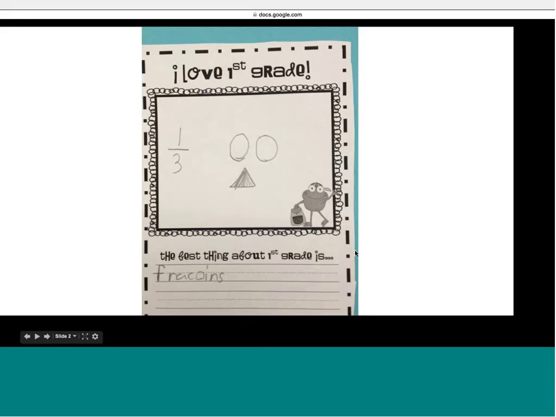If we think back to Kate's drawing here, it's unclear that Kate knows what the whole is. And it is clear that Kate does not know what we mean by equal parts when she has this picture shown for the fraction 1/3.